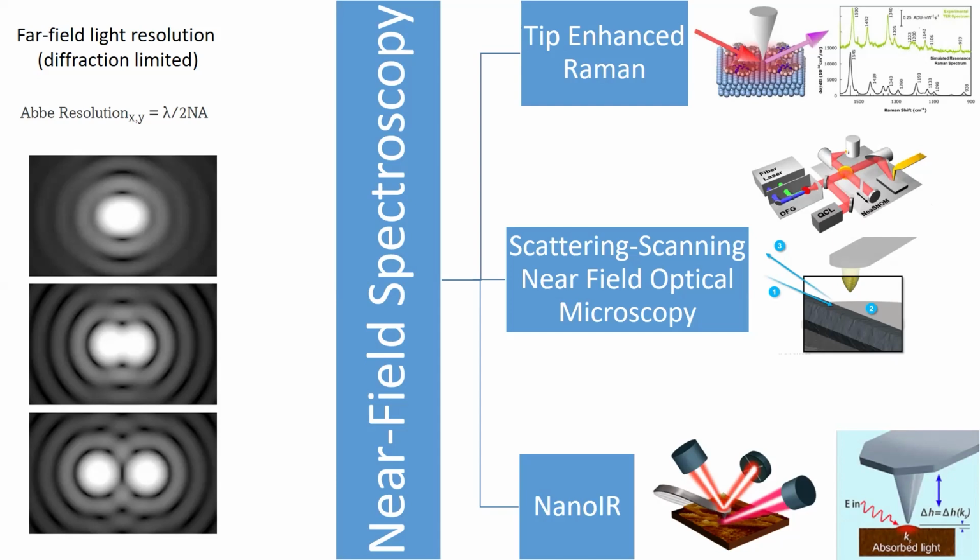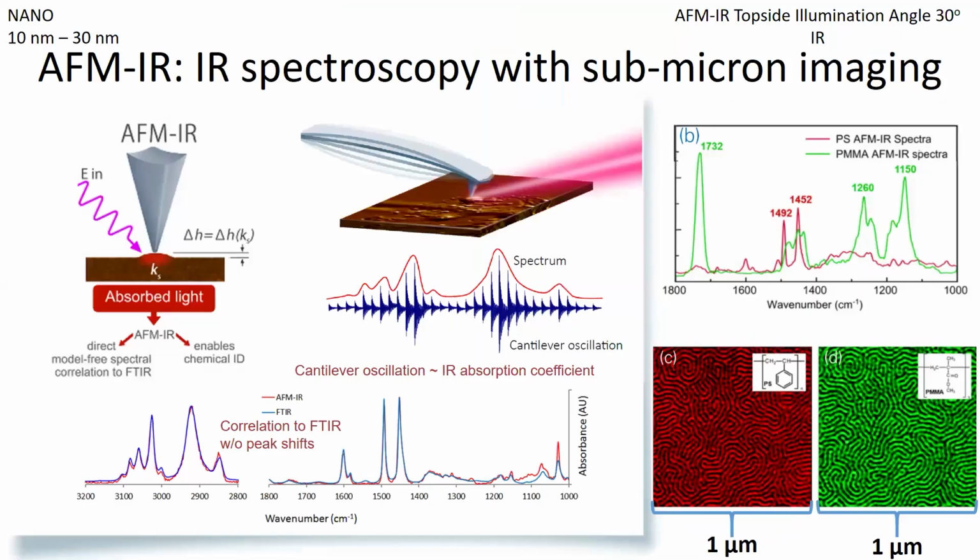Nano-IR is the most turnkey near-field spectroscopy technique that is out there right now. We can likely get you data within a day, typically, and there is less material selectivity for this particular technique. So, a quick overview of how it works. We shine the IR light onto the sample, and that light will be absorbed by the material if there is a vibrational state change that corresponds with the energy of light.